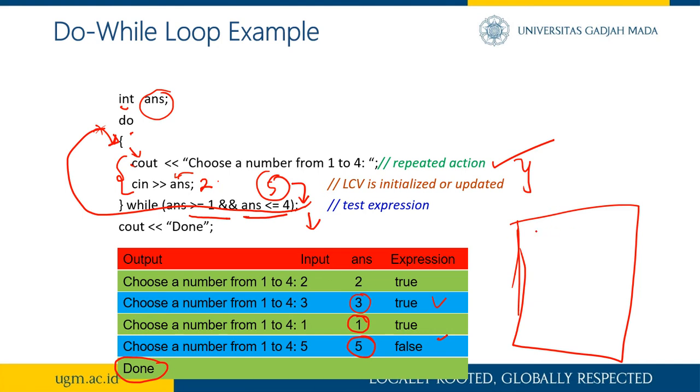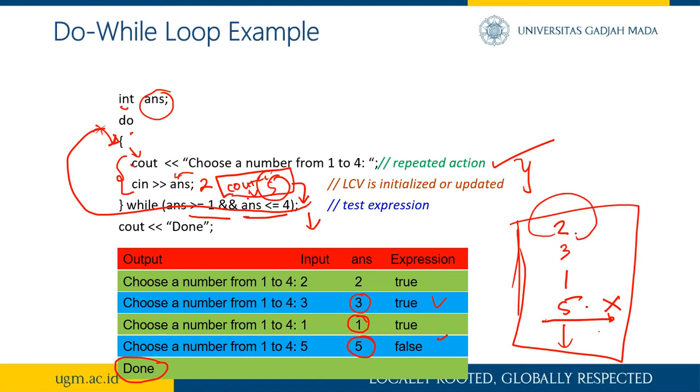The first cout will be, if we do the cout here, for example, cout something, so the output will be 2, and then 3, and then 1, and then 5, because it is skipped but it's still in the looping, so we still do this one. But after we type in 5, it will exit from the looping, so it will not require any input again.